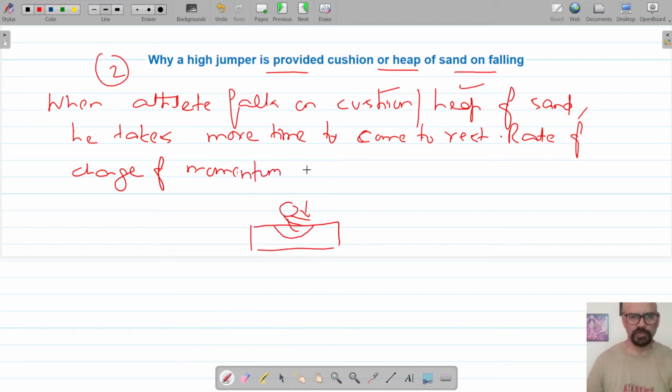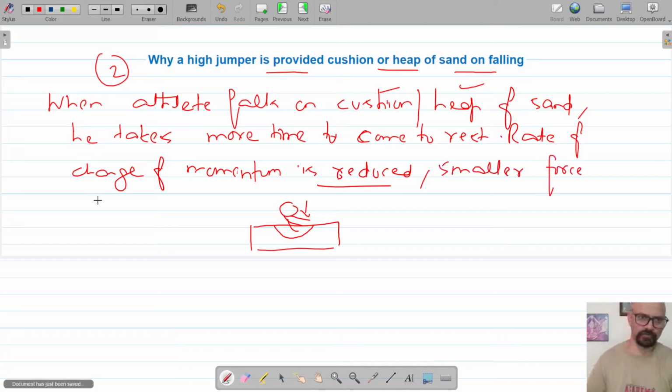Now the rate of change of momentum is reduced. That means a smaller stopping force acts on the athlete. So we can say a smaller force acts on the athlete, and because a smaller force acts on the athlete, the athlete doesn't get hurt.